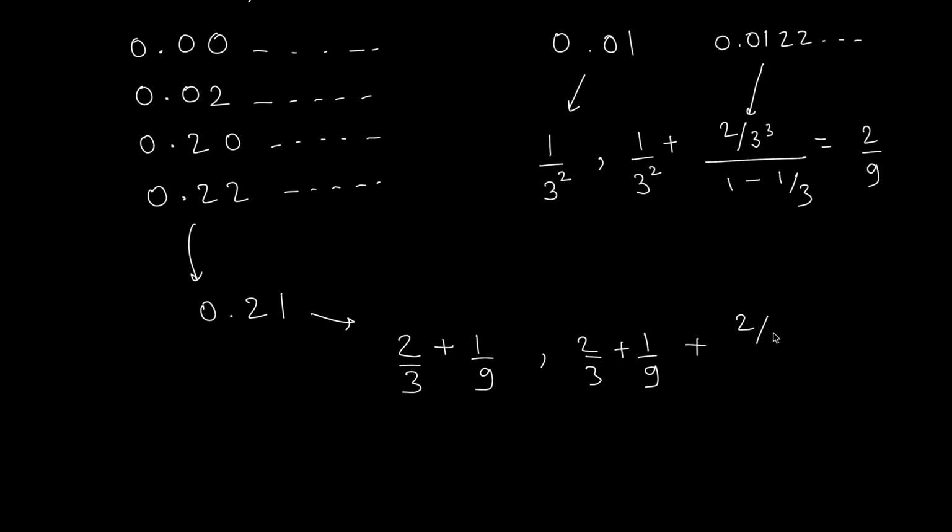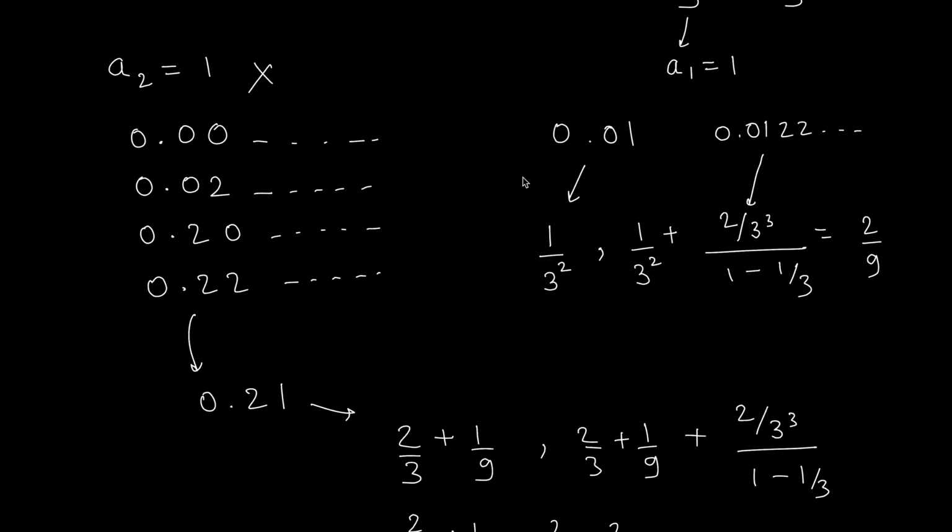Its first term would be 2, and since it is the third digit, it would be 3 cube, over 1 minus 1 by 3. This would again give you 1 by 9. So this is 2 by 3 plus 1 by 9, comma 2 by 3 plus 2 by 9, right?